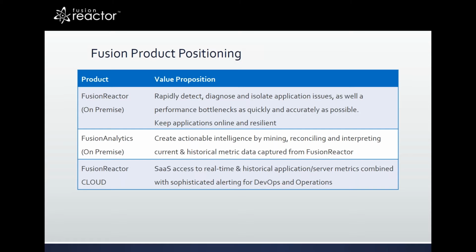With Fusion Analytics, the goal of that product is to create actionable intelligence by mining, reconciling, and interpreting all the current and historical data, so all the metric data which was captured by FusionReactor. So if you're using Fusion Analytics, that would require FusionReactor.